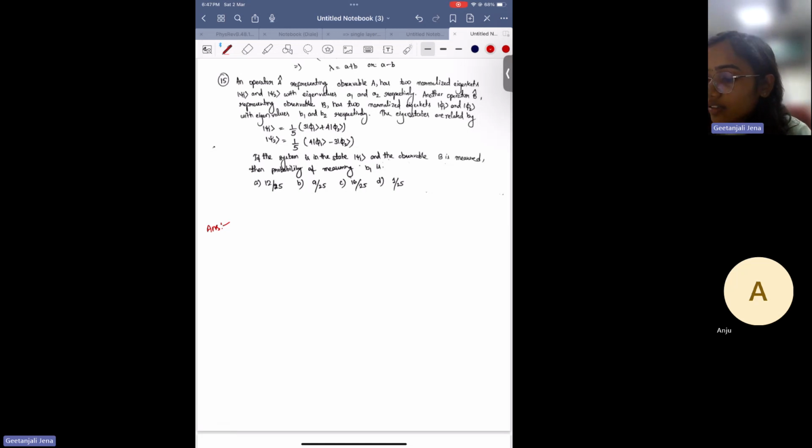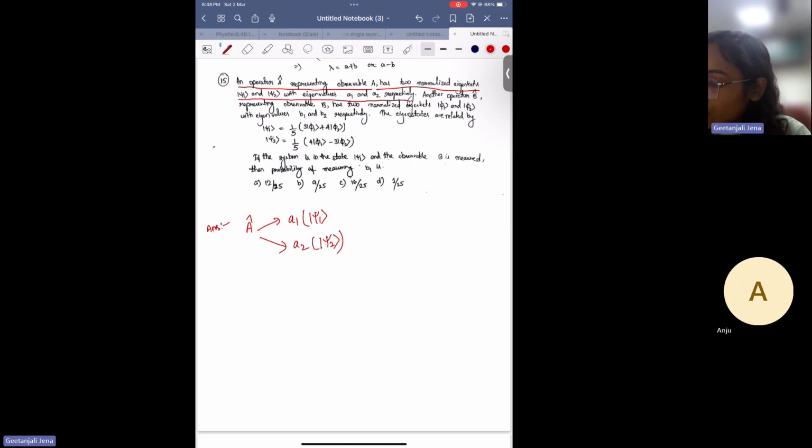It is given an operator A representing observable A, which has two normalized eigenkets psi1 and psi2 with eigenvalues a1 and a2. So what is given? An operator A, and the eigenvalues of this operator are a1 and a2 with eigenkets psi1 and psi2.